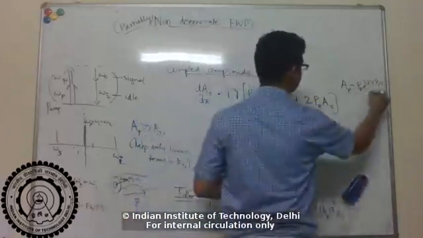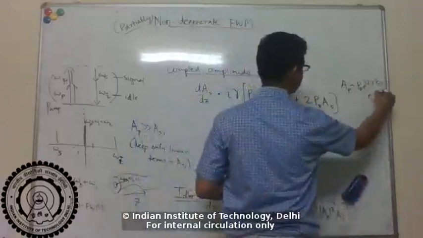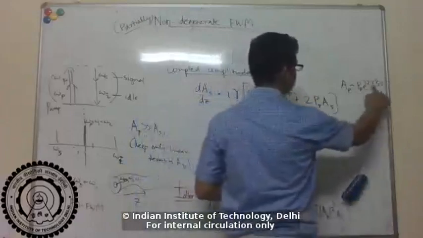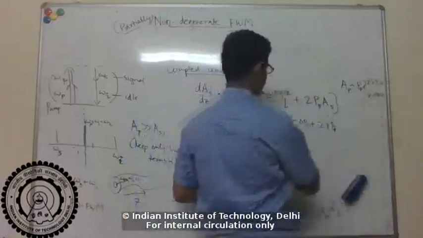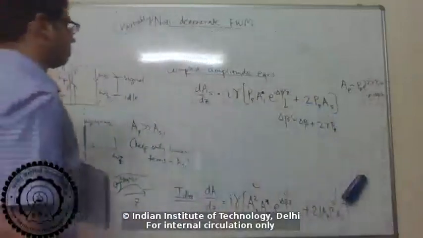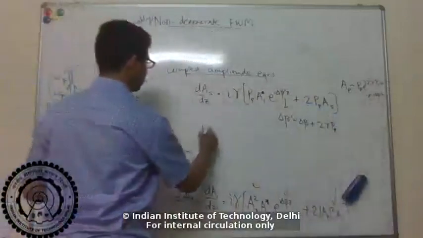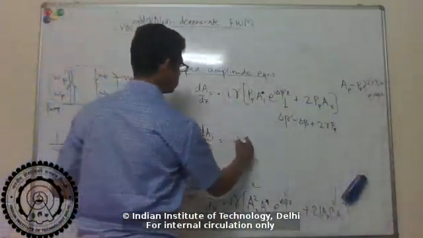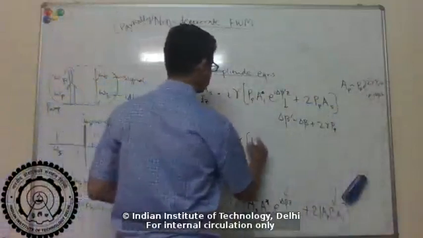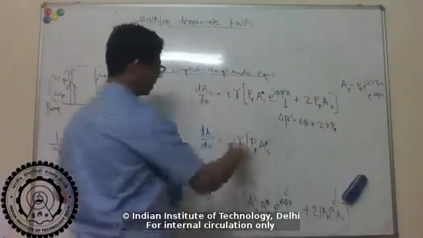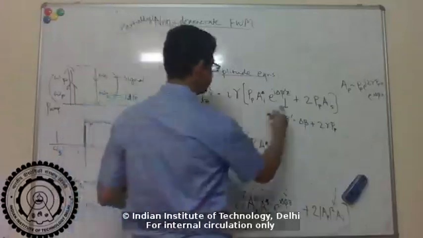So when we multiplied this with e to the i delta beta z, we get delta beta plus 2 gamma PP, and we define that as delta beta prime. Okay, and then similarly the idler. So the equations are symmetric in signal and idler, right? So we just switch.